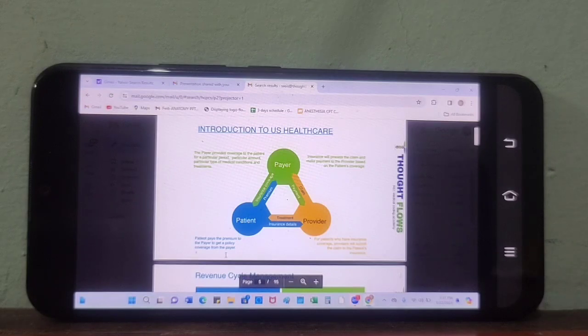Based on that premium amount, the payer, that means the insurance company, will give some coverage for the patient.